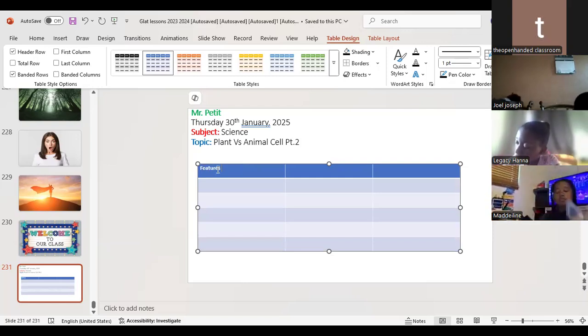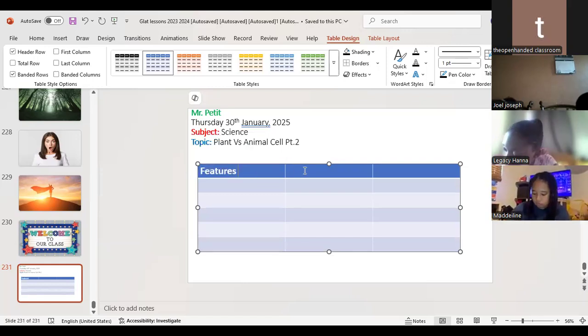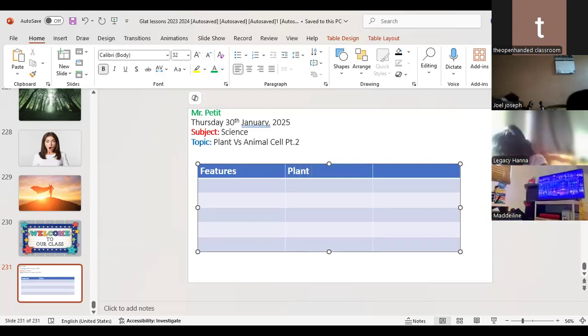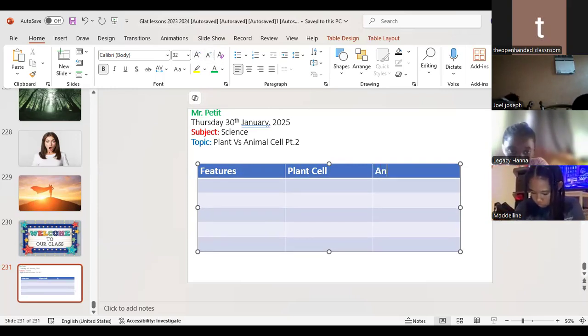So the features are, we know that the plant cell, and we have the animal cell.